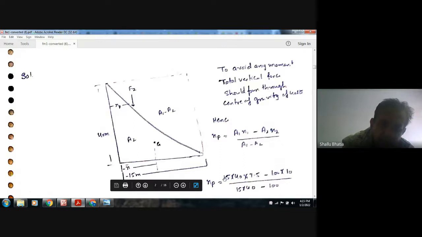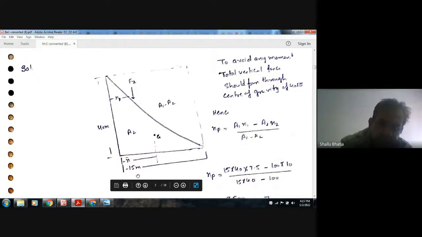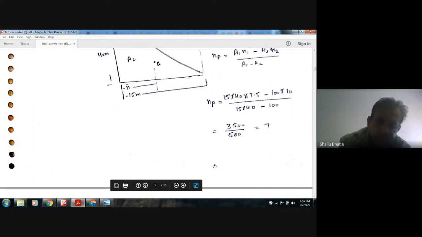Putting in the values, A1 is 50 into 40 and x1 is 15 by 2, which is 7.5, and this area A2 is given as 100, with its centroid x bar given as 10. Then we get x2 is 7.